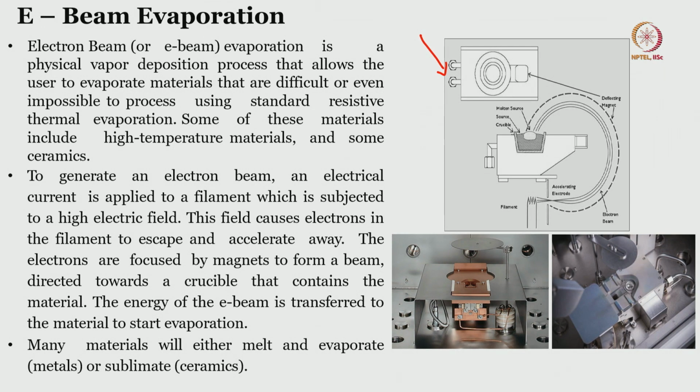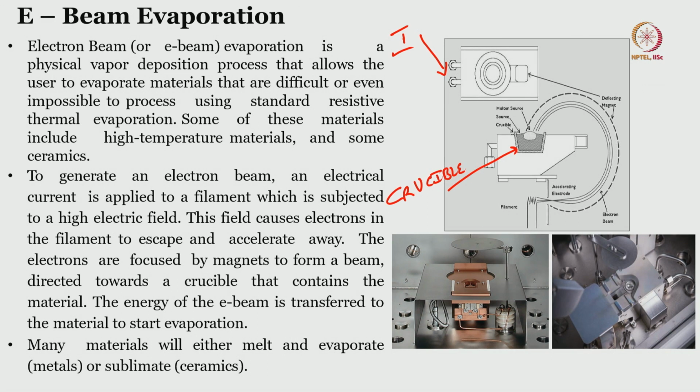Now, how does this work? Let us understand this particular figure, which I will call figure 1. What you see here is a source holder, which we call a crucible.